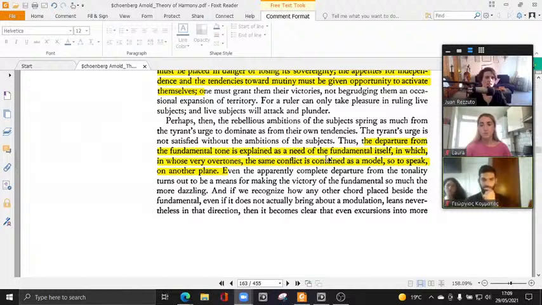Now, one thing that he says that I think is very important is, as a need of the fundamental itself, in whose very overtones, that is the key. Laura, I know that you haven't seen that lesson, although I strongly recommend that you do.